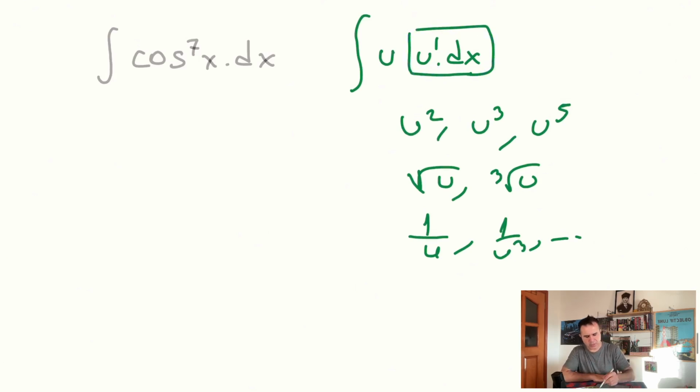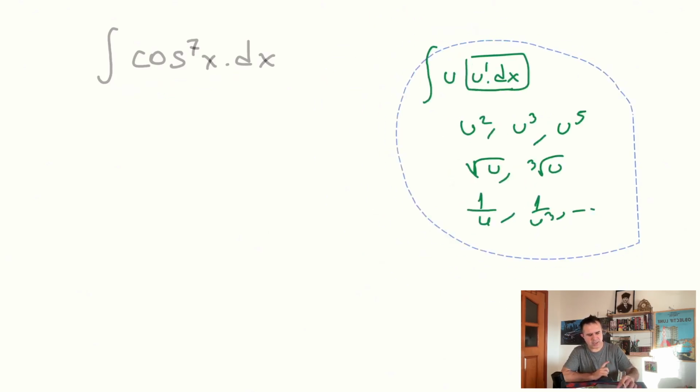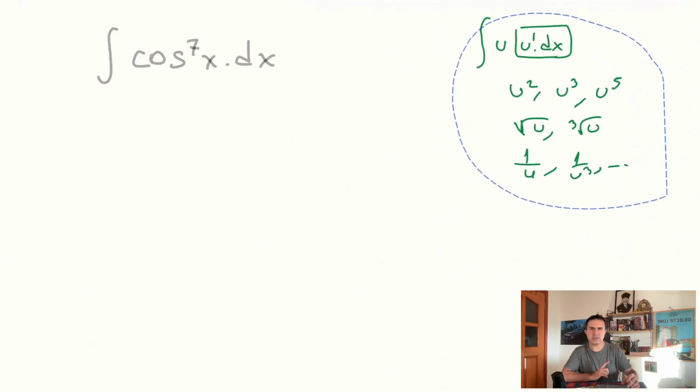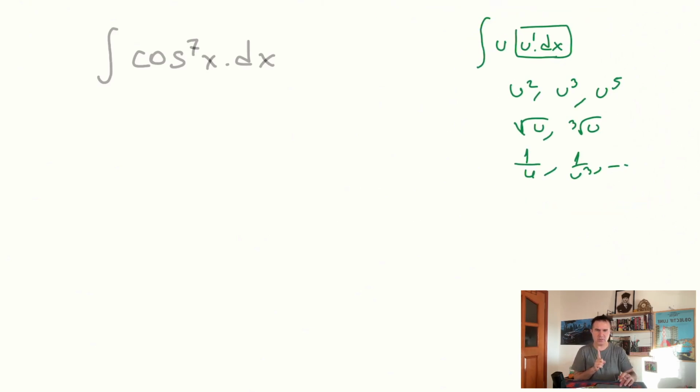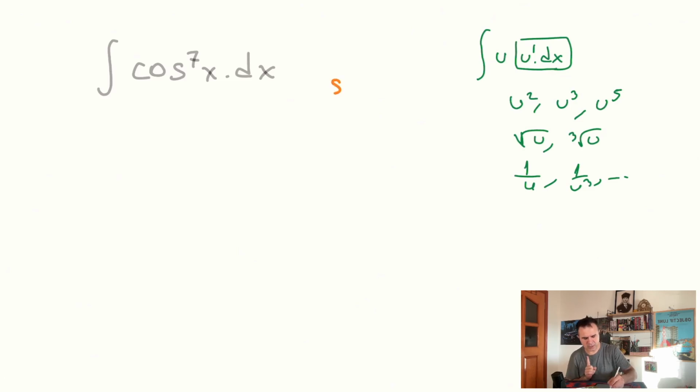Now, for this function, we know that the derivative of cosine x is minus sine x, and the derivative of sine x is cosine x. And we know that if we have an even power of cosine x, we can write it in terms of sine x.